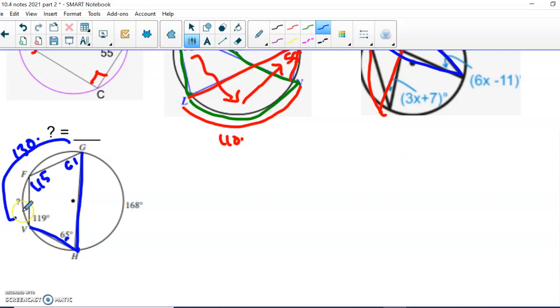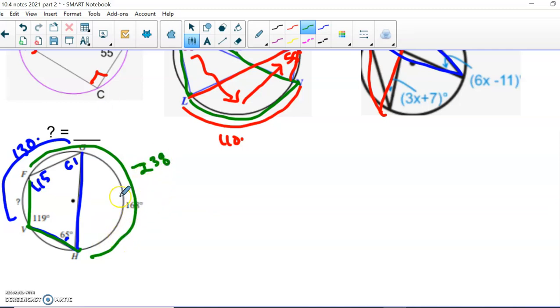So I know that arc is 130 from V to G. Now I'm going to take this angle V, and its intercepted arc is from F to H. F, go through G, stop when you get to H. So I'm going to take that 119 and double it. So I can see that from here all the way to here is 238 degrees.